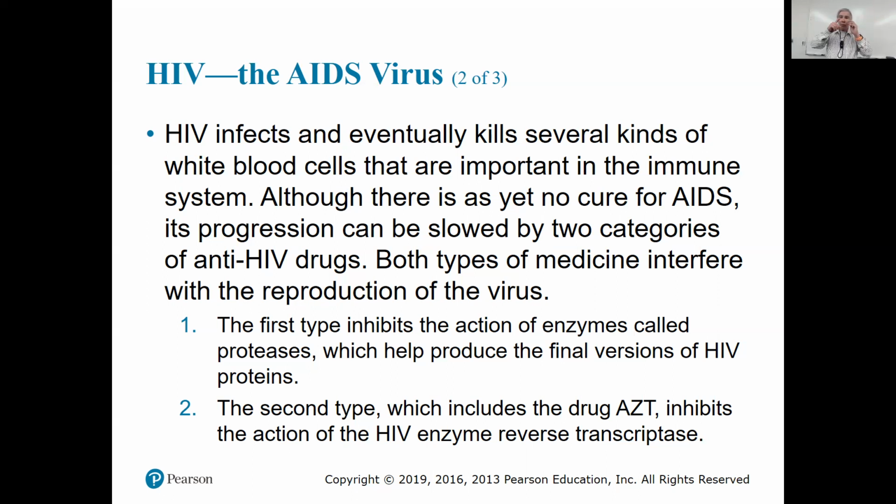So if you just use 1 drug, the virus could eventually develop a resistance to it, but use 3 drugs, each one doing a different thing. It's very unlikely that this virus is going to evolve a way to get past 3 different types of drugs at the same time, become resistant to 3 very different drugs at the same time. So this is why it works.